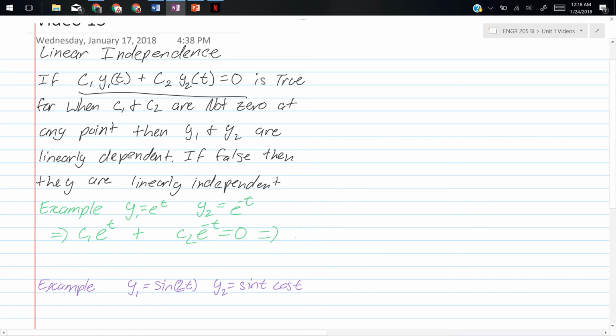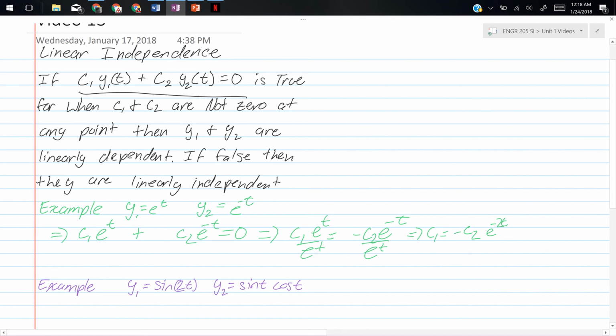So I want to just try to subtract over the c2 term. So it equals negative c2 e to the negative t. I try to divide over the e to the t. And I get c1 equals negative c2 e to the negative 2t.